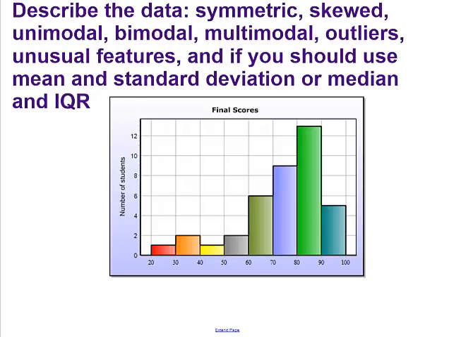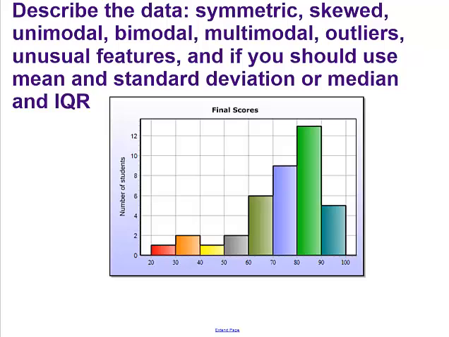So let's look at some graphs and describe the data. Pause the video and decide if you have a graph that's symmetric, skewed, unimodal, bimodal, or multimodal. If you have outliers, list some unusual features, and decide if you should use the mean and the standard deviation or the median and the interquartile range. Restart the video when you're ready to check your answers.